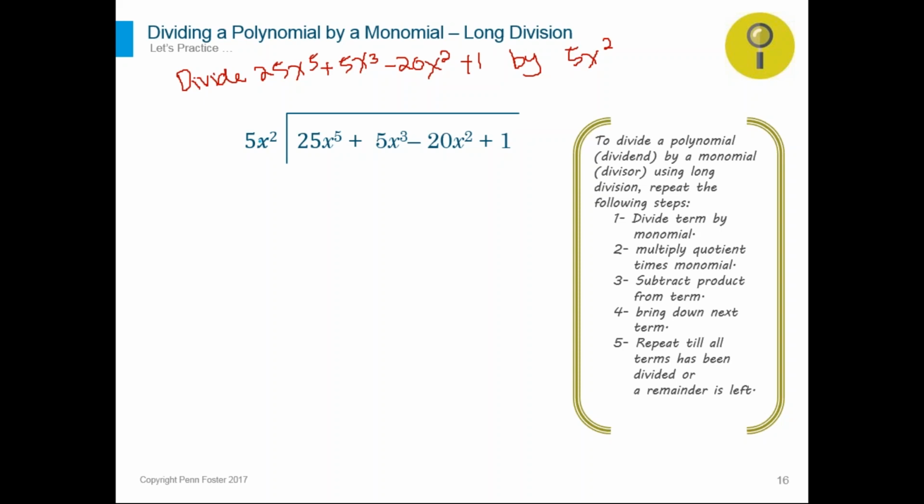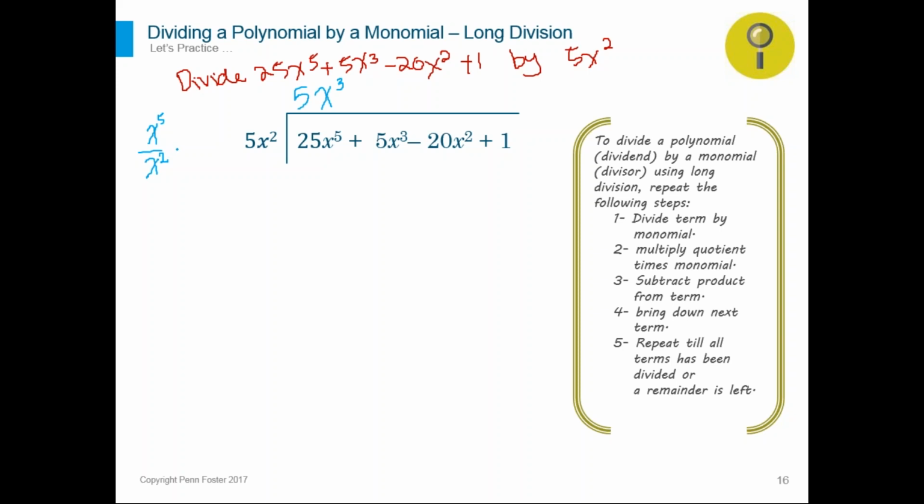So let's start. 25x to the 5th divided by 5x squared. Let's take it one by one. So 25 over 5 is a 5. X to the 5th divided by x to the 2nd: remember, we subtract exponents. So it's going to be x to the 3rd. 5 minus 2 is 3.